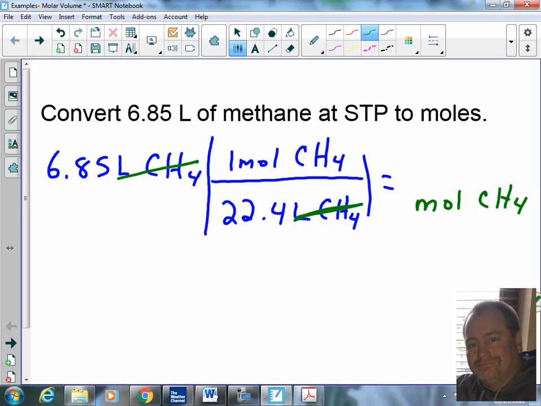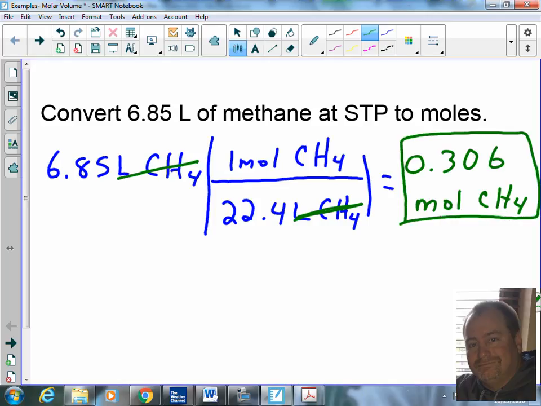It's going to give me a value. How many significant digits do I have? I have 3 sig figs, so I'm going to get a value of 0.3006. Not too tough, was it?